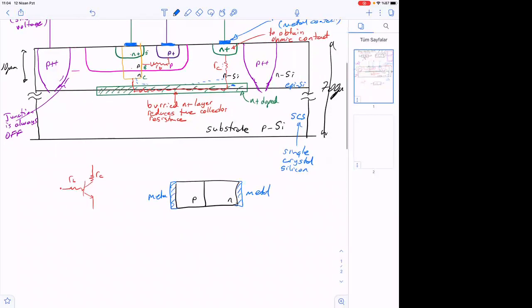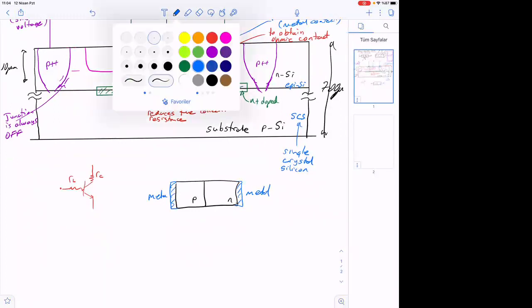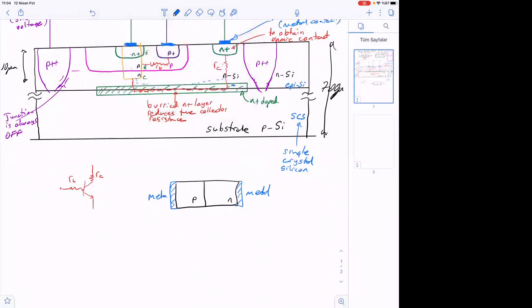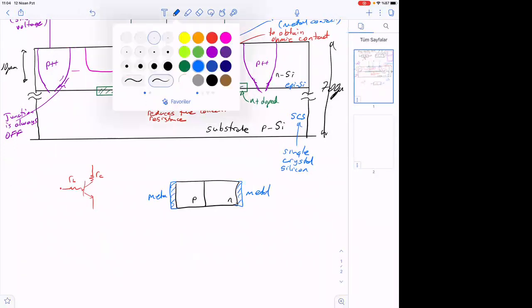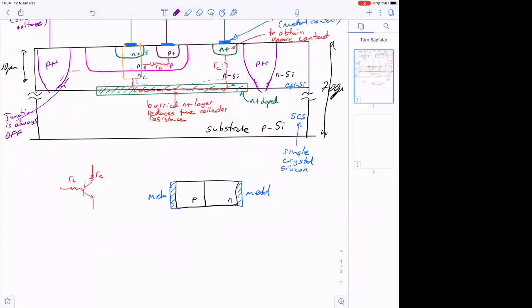But in order to get a good contact, we typically put here first P plus, and then here N plus, okay? Otherwise, we don't get a good ohmic contact.